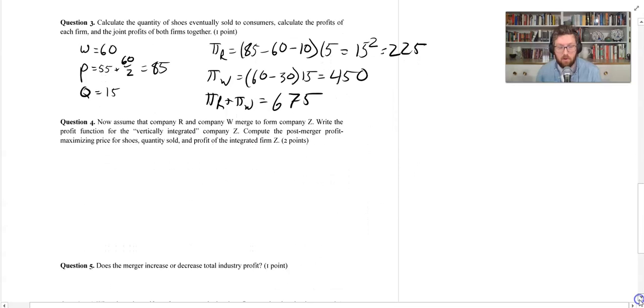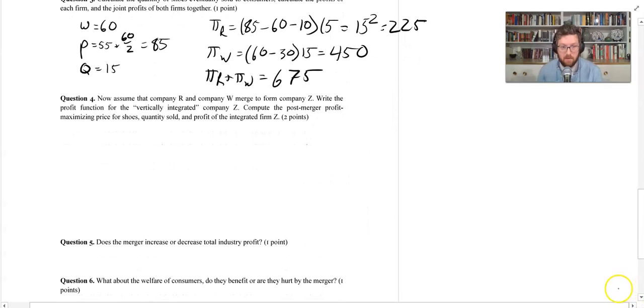Now assume that they merge to form a new company Z. So what's the profit function of this vertically integrated firm? What's the price, quantity, and profit? So for firm Z, they get to choose their price P, but instead of a wholesale price, since they have direct access now to the imported shoes at the same marginal cost, 30, that's their cost. Then they have another 10 to sell them.